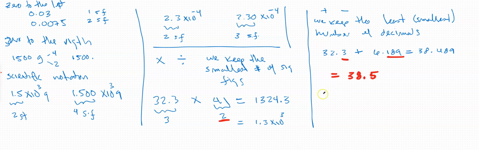And notice these 2 examples in the book. They're interesting. 1.0001 plus 0.00003 gives us 1.0004. 1, 2, 3, 4 decimals, 1, 2, 3, 4. So there you go. We keep the 4 decimals.